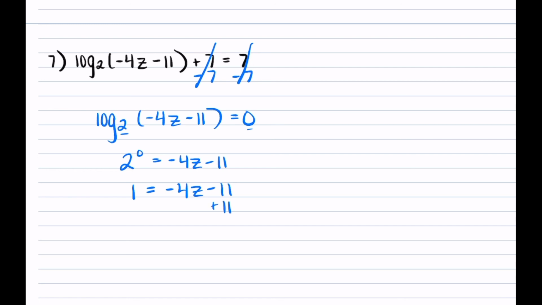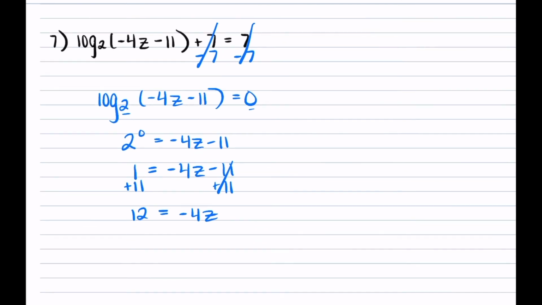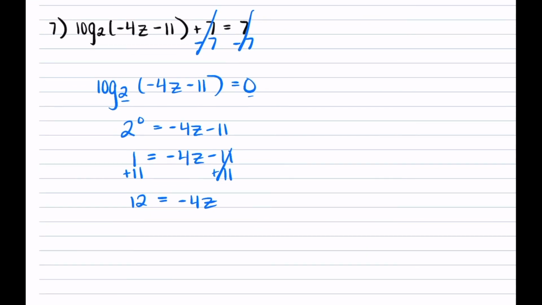We're going to add 11 to both sides. So now we have 12 equals negative 4z. And then to finalize finding what z is, we can divide by negative 4 on both sides, and we get z equals negative 3.